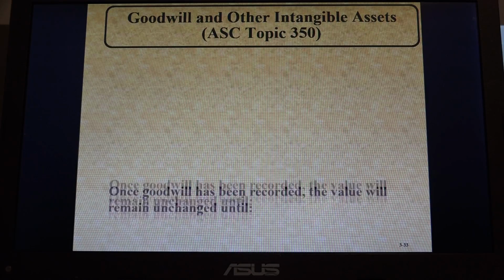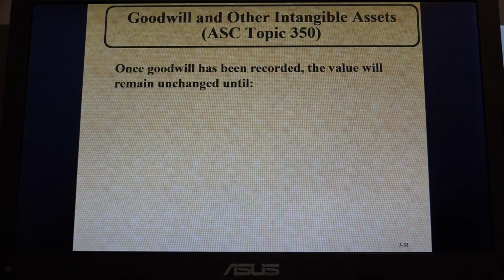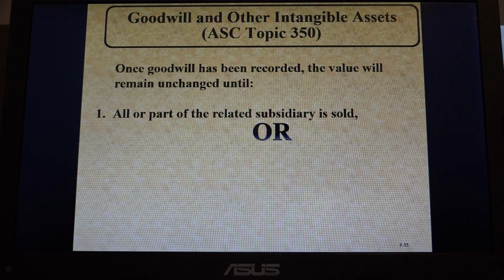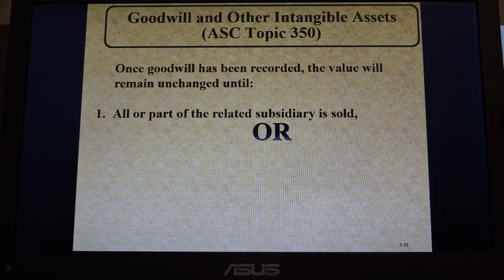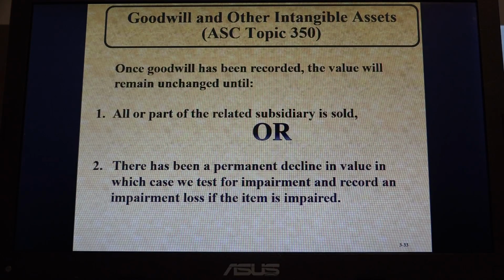Now, again, I think at this point you understand how to assign that goodwill. You understand that the value remains unchanged, at least until all or part of that subsidiary or operating unit is sold, or until it's determined that there's a permanent decline in value.